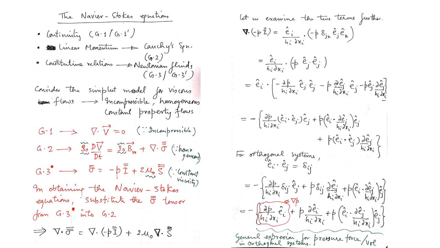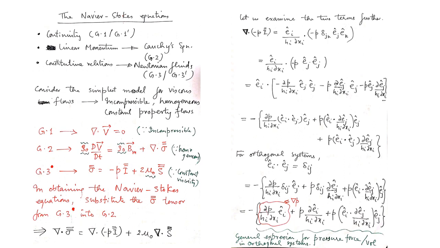Then we had the linear momentum, which is the Cauchy's equation, G.2, and the constitutive relations, which are intrinsic relations of fluid between the viscous stress tensor and the strain rate tensor. So they are sort of inherent behavior of a fluid. In that we had specifically focused on Newtonian fluids, and the relations were discussed in the last lecture as G.3 or G.3 dash. Okay, so this is our starting point for the Navier-Stokes equations.